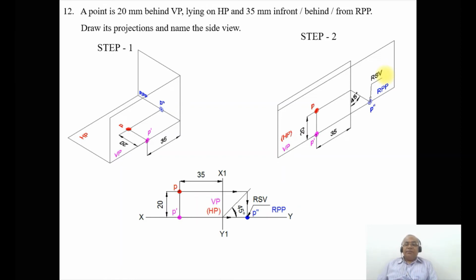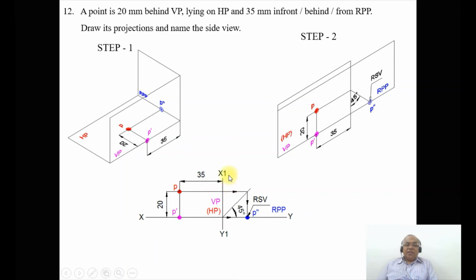Now we are going to take up the orthographic view of this, how to draw it in a sketchbook. So first you draw the XY line and X1Y1 line. Then, as we know, the distance with respect to the profile plane, that is 35 mm behind RPP, is seen in both VP and HP.